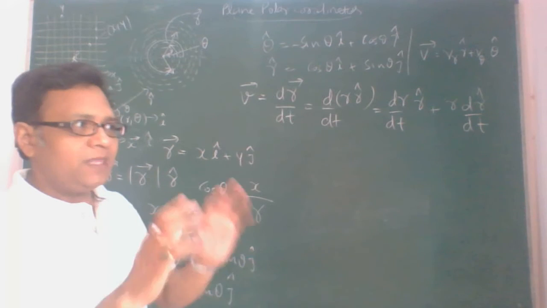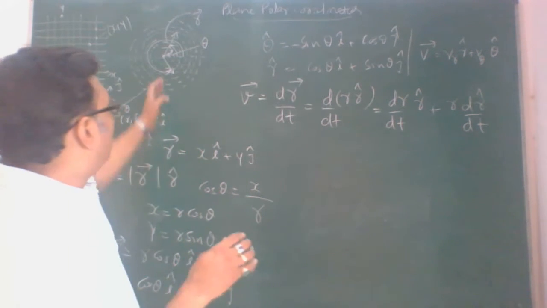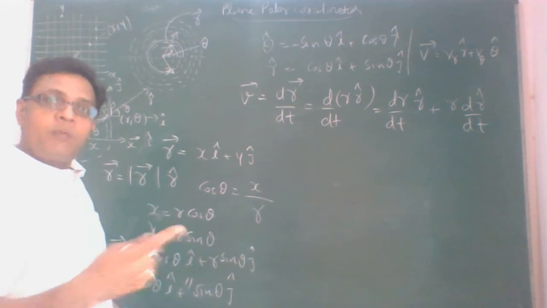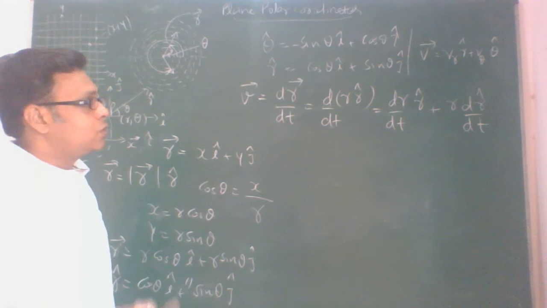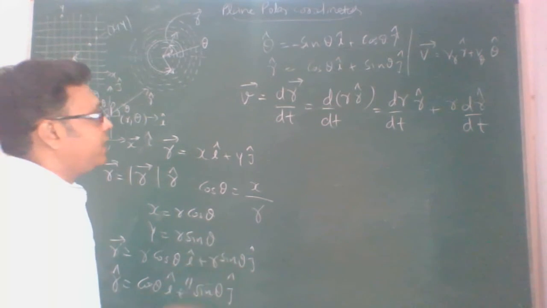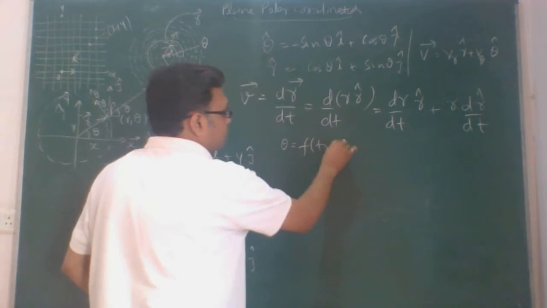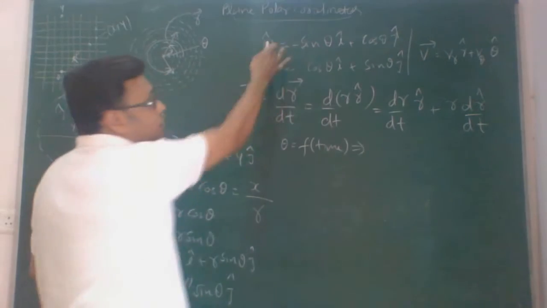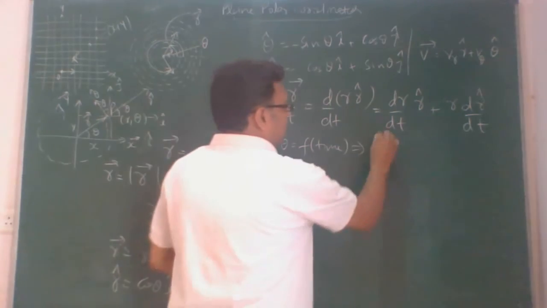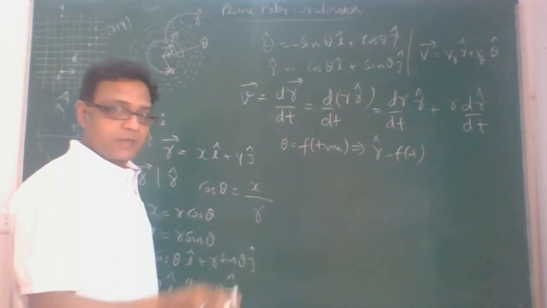Keeping that generalized case in mind, theta may or may not depend upon time. So let me take a generalized case where theta is a function of time. That would of course result in r cap also becoming a function of time, again for the generalized case.